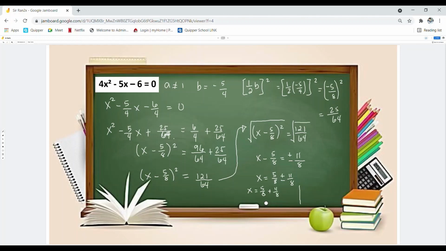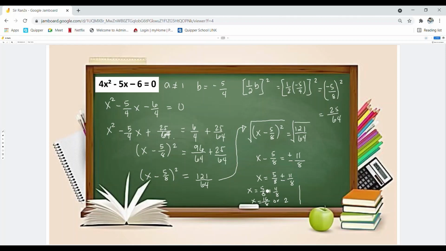Therefore, 5 plus 11 is 16, right? So that is 16. So 16 over 8 or 2. So that's your answer here, your first x.